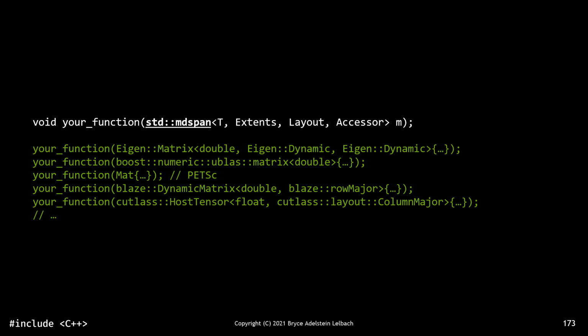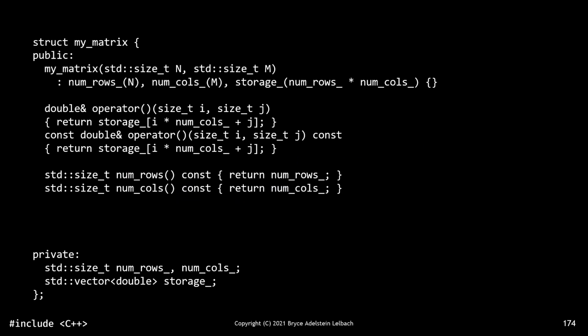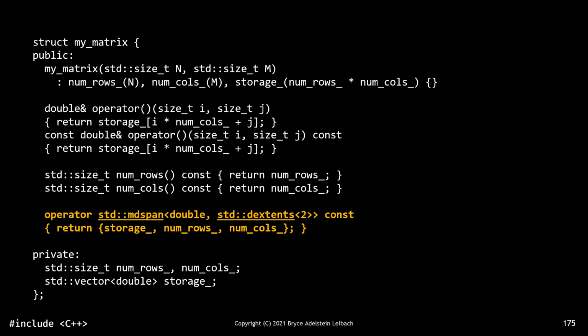Now, let's look at some examples. For example, suppose we had our own row major matrix class. We can add a simple mdspan conversion operator, allowing us to pass our matrix class to any interfaces that expect an mdspan. In some more complex cases, we might have to write our own layout type.